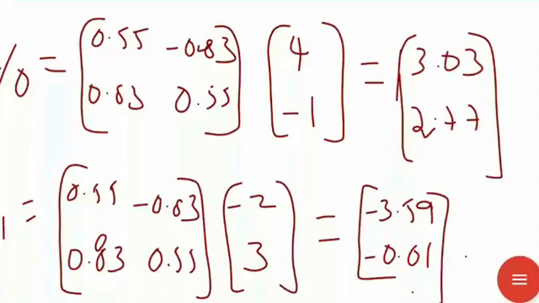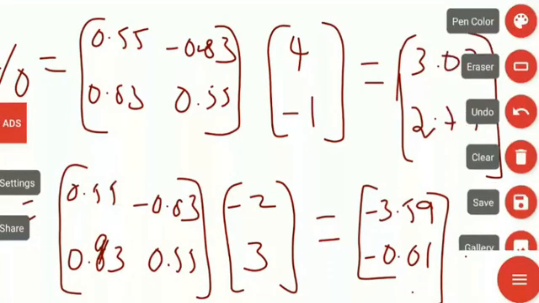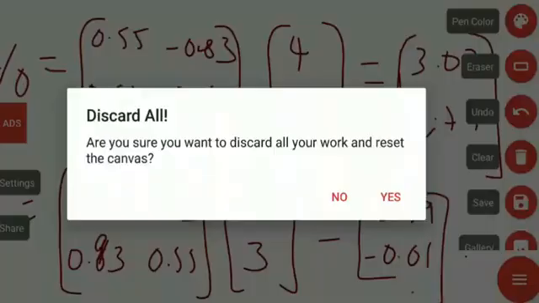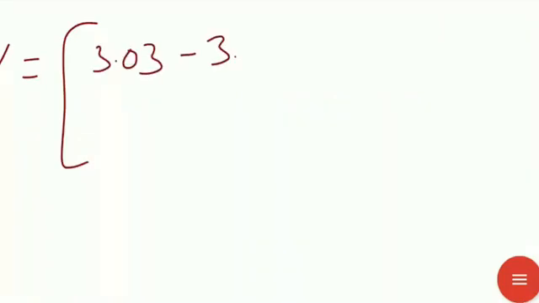Now check the answers. The output matrix or transform domain of the input image is Y equal to 3.03 minus 3.59, 2.77 minus 0.01.